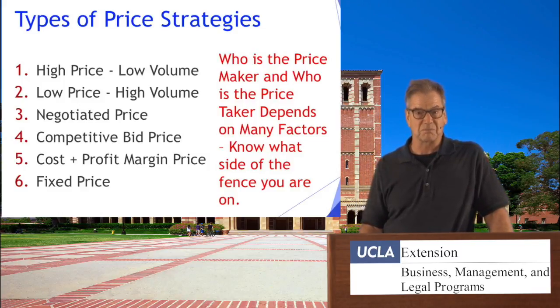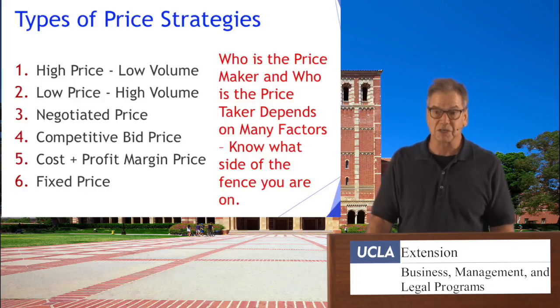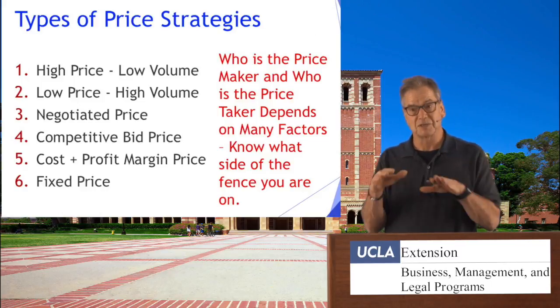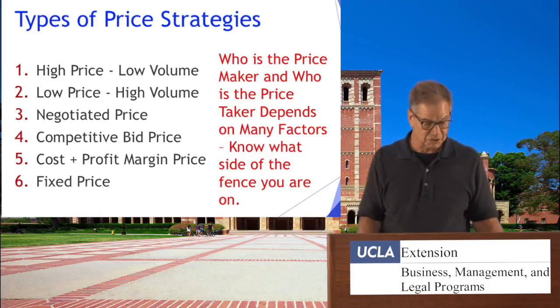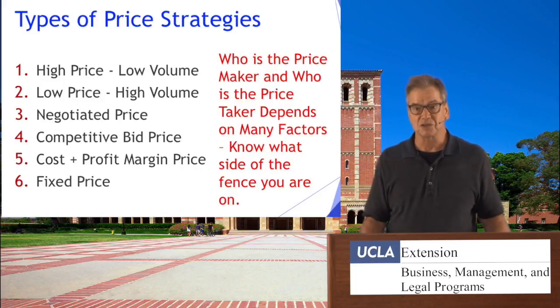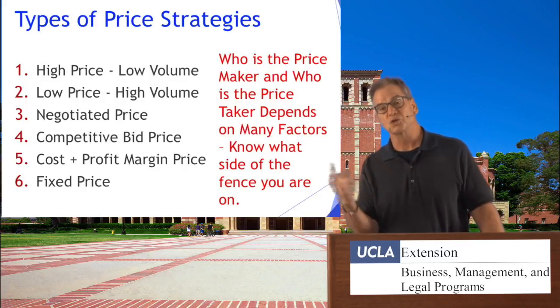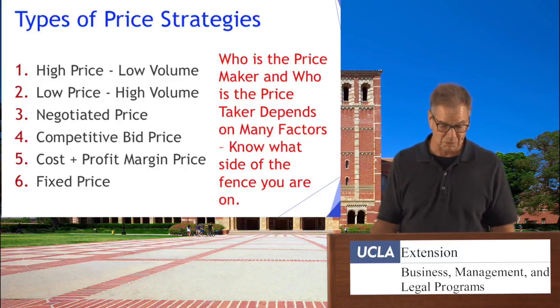Your market niche strategy has got to be in balance and in sync with your price strategy. That's just dumb logic. So you have to understand how price is determined in your industry, because those are the parameters you're going to have to compete within.